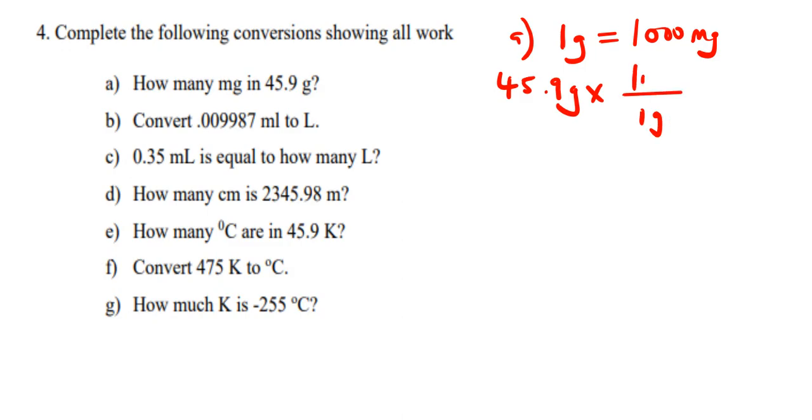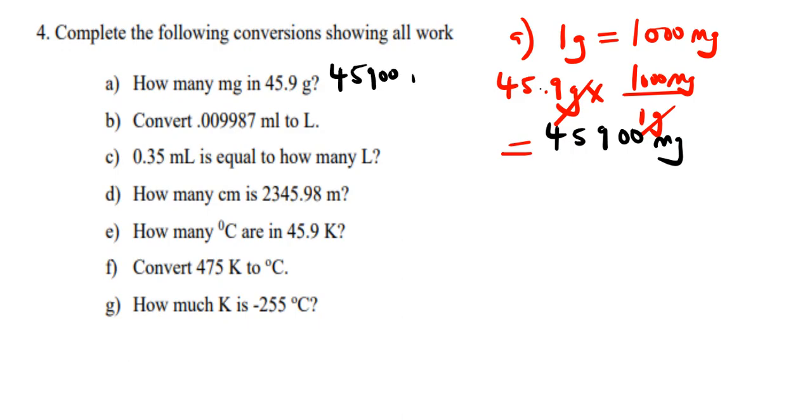The gram and the gram cancel, therefore I'm just multiplying what is on top, and when I multiply by 1000, the decimal point is going to move 3 times. 1, 2, 3. So we're going to have 45900 milligrams. So that would be our answer here, 45900 milligrams. So that's how you're going to solve the first one.